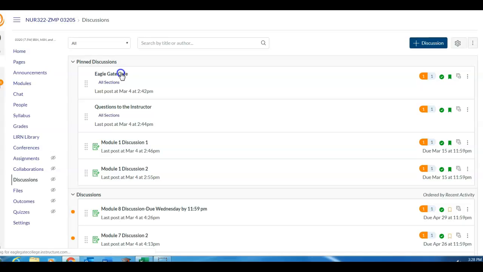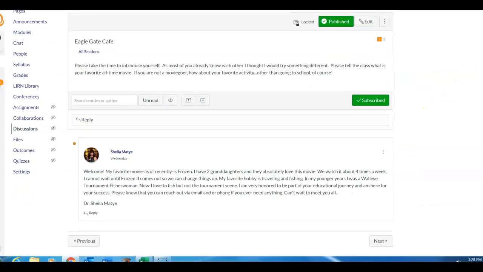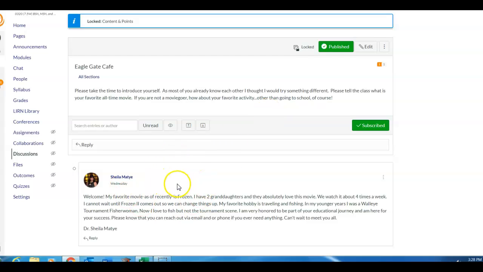It is important that in the Eaglegate Cafe, you put an announcement about meeting the class. We've tried to be creative in this area. We have used Padlet, as was discussed in the meeting, to just get the students to join online instead of copying and pasting what they have done in other classes.